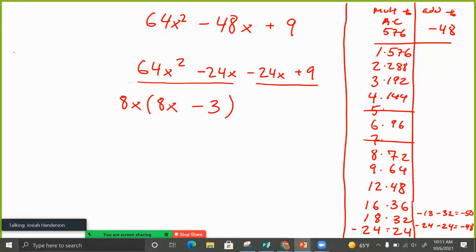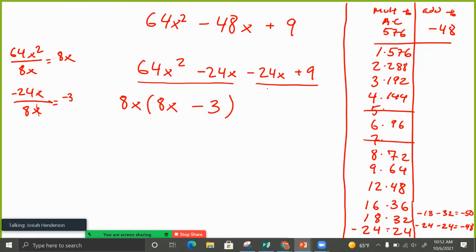Now, how did I find that? Side work. 64x squared divided by 8x is 8x. And then 24x, or negative 24x, divided by 8x gives me negative 3, and the x's canceled. Okay.